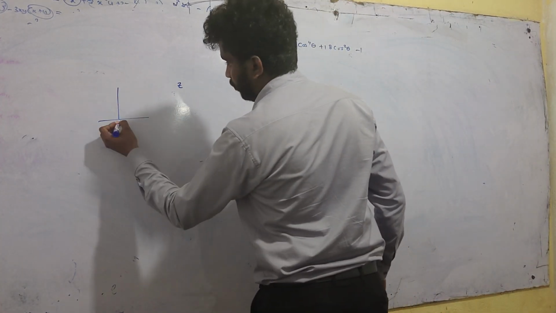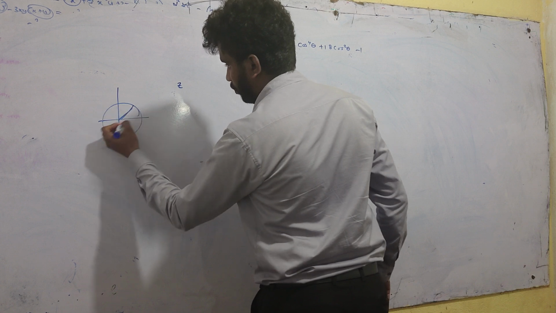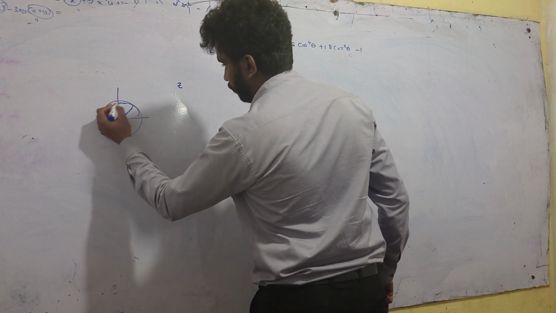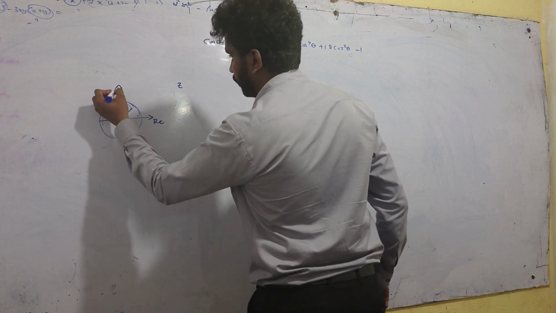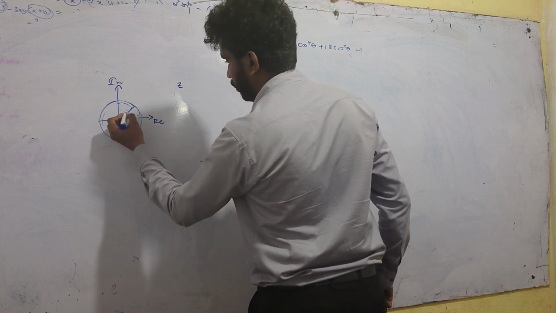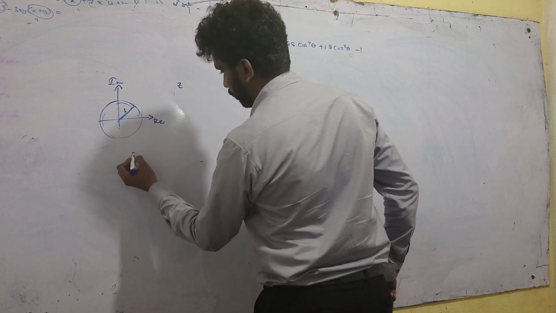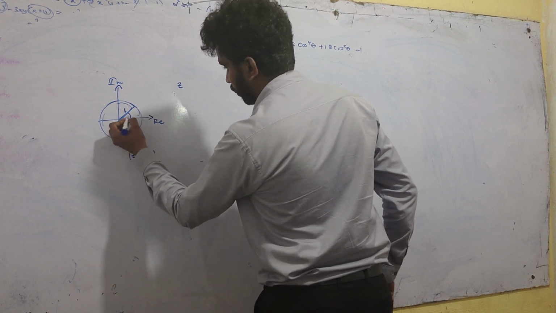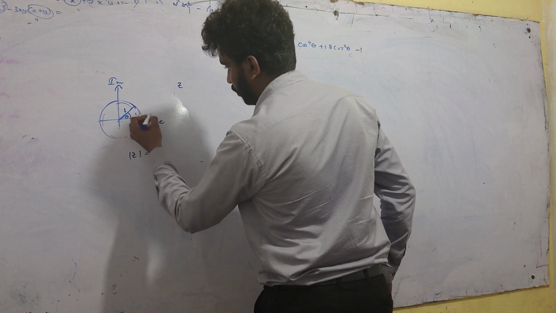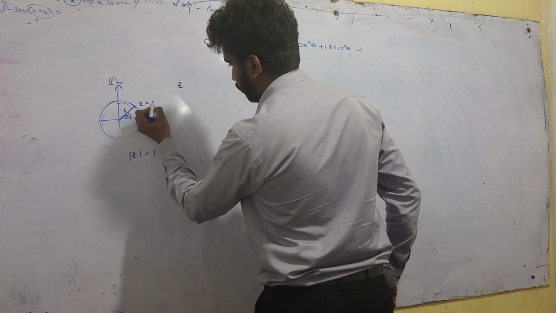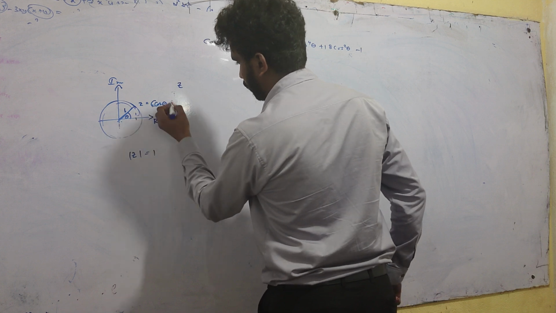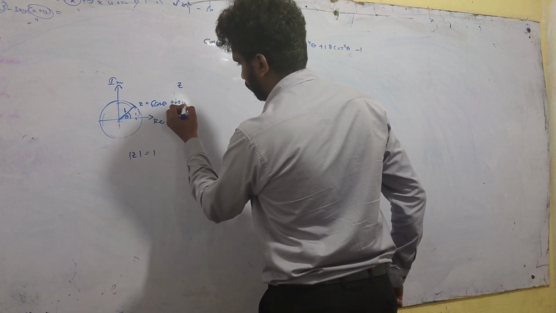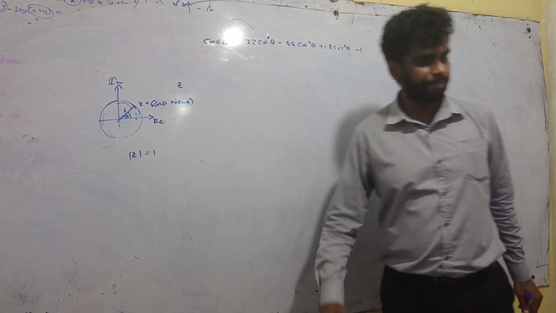Z, real axis, and Z imaginary axis. The magnitude of Z is 1. Generally z equals cosine theta plus iota sine theta.